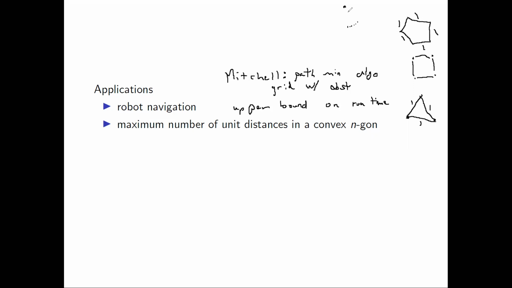So all the other vertices maybe are on the circle, which is centered at that vertex, of radius 1. So the question is, how large can you make the number of these unit distances in any convex n-gon?